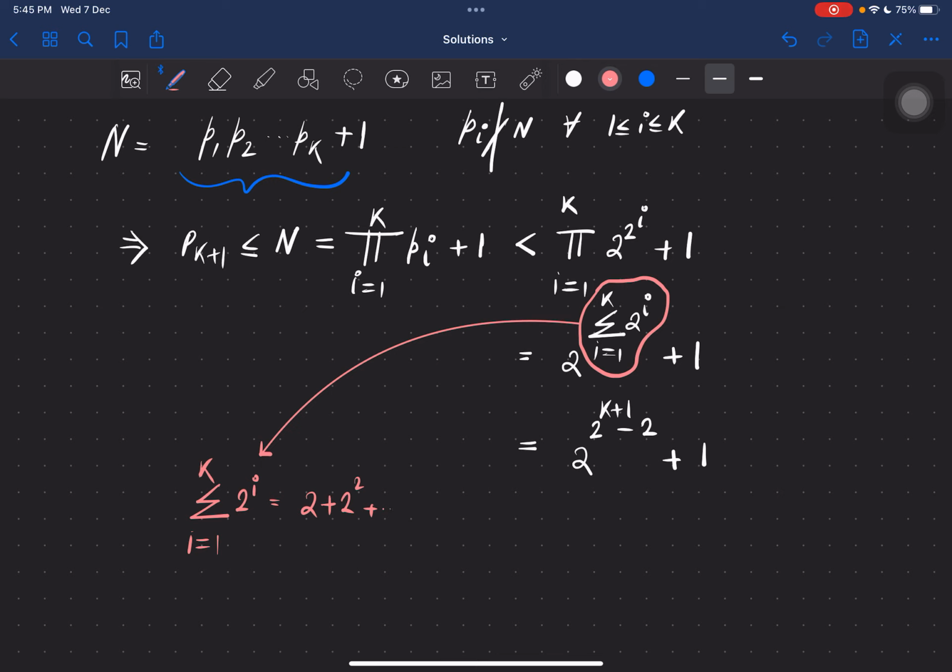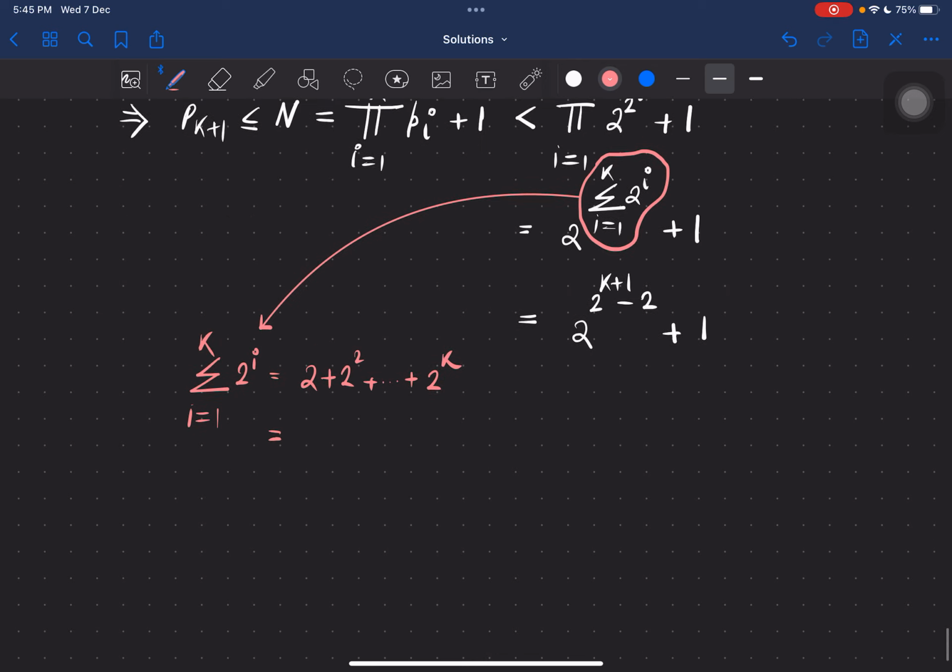This is a finite GP. If you take 2 common, then we have 1 plus 2 up to 2 power k minus 1, and this is nothing but 2 times 2 power k minus 1, divided by 2 minus 1. So that is 2 power k plus 1 minus 2, right?